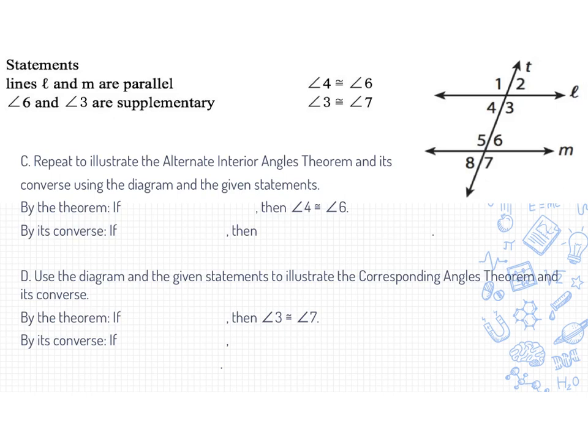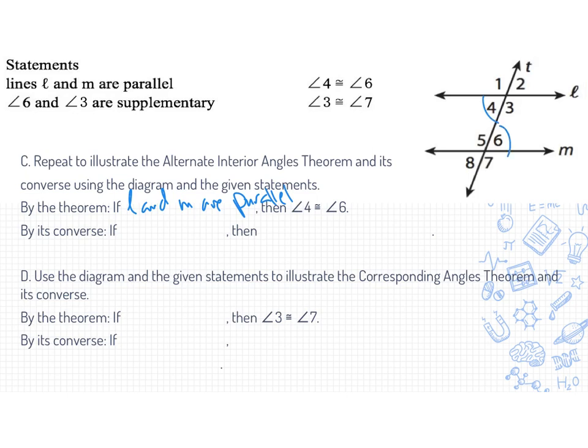All right, another one, but now we're going to do alternate interior angles. So if blank, then angle 4 is congruent to angle 6. So if L and M are parallel, then angle 4 and angle 6 are congruent.